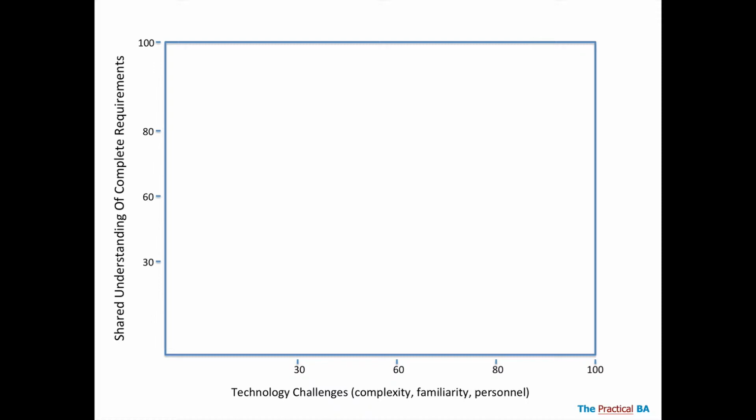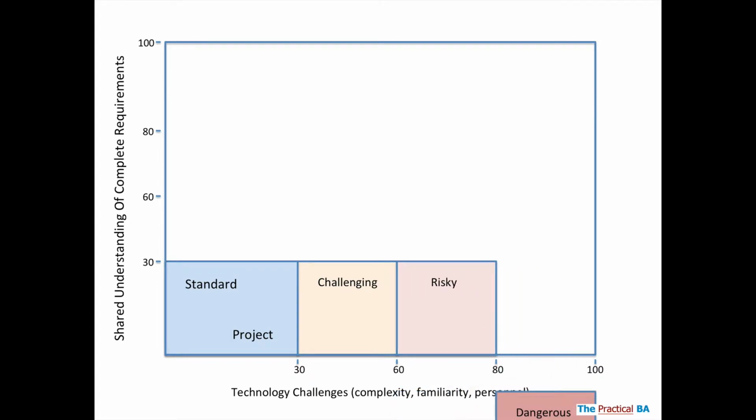So along the bottom, we're talking about the tech that is going to be used to meet our goals. And it's not just how complex the tech is. It's also an alignment to the resources that you have and how accustomed they are to that tech and how well they can pivot or adapt to using that tech.